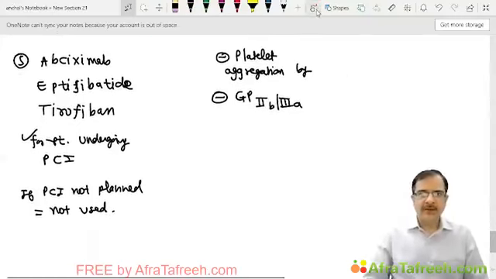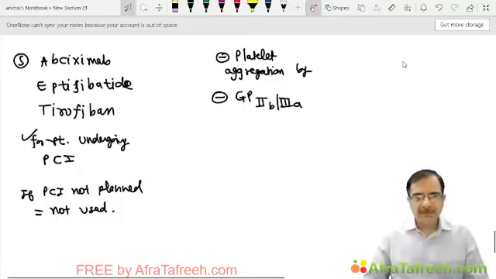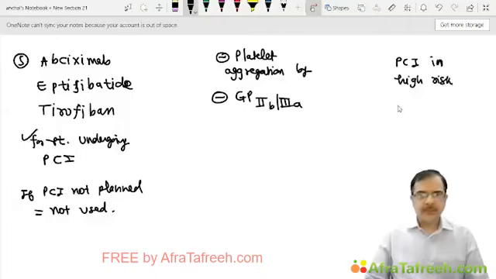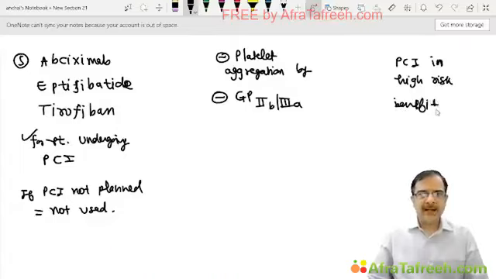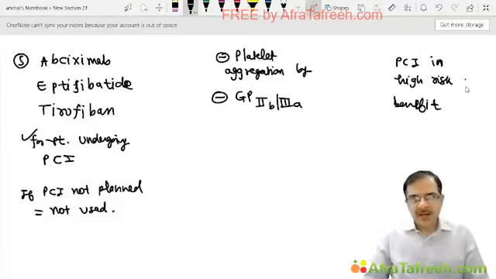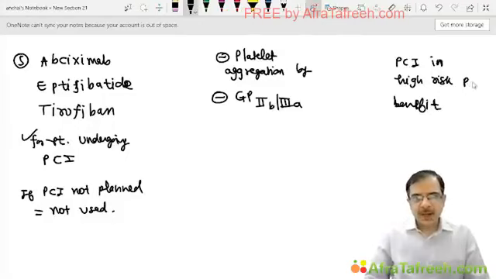What is the clinical benefit of these agents? These agents are useful with dual antiplatelet therapy for PCI in a high risk patient.